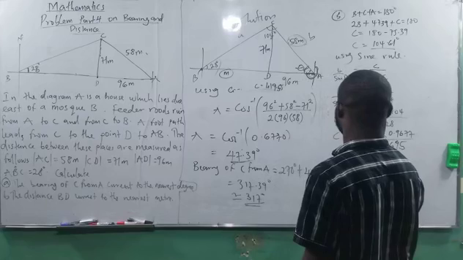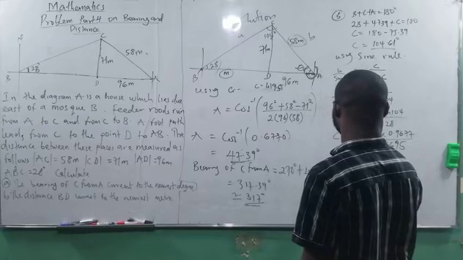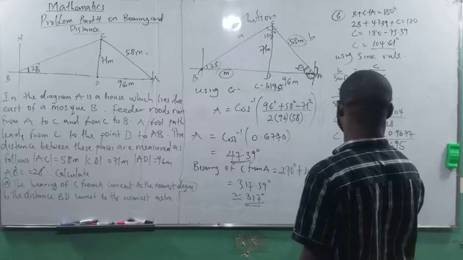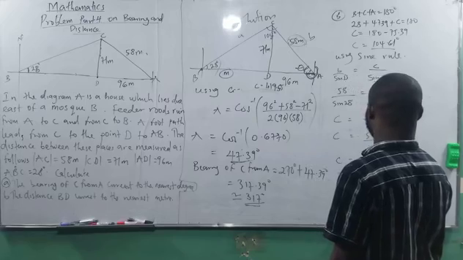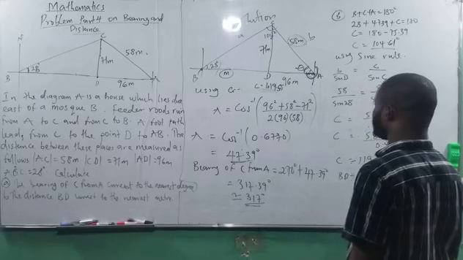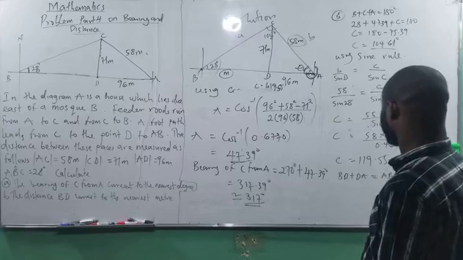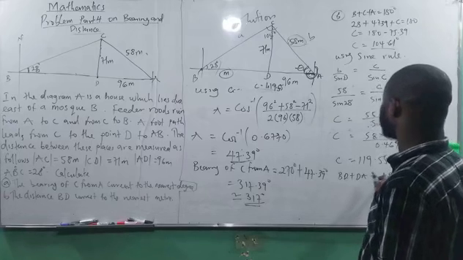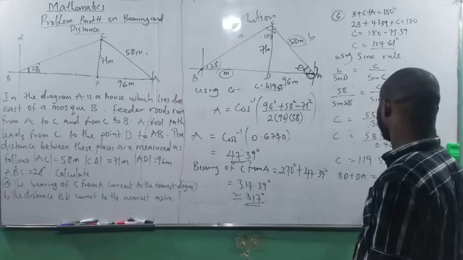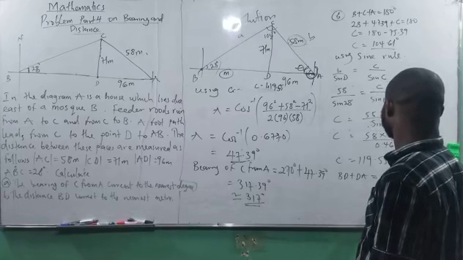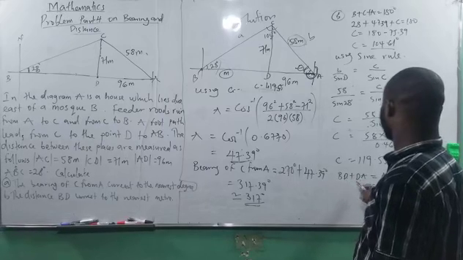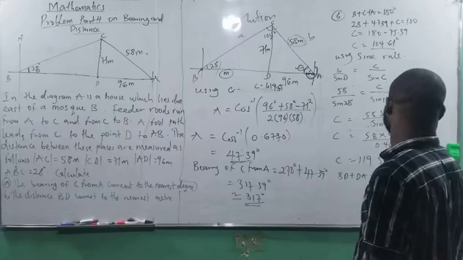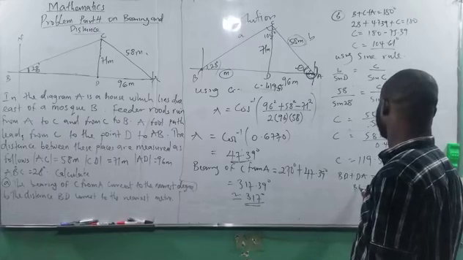Now I think I will say that BD plus DA will be equal to what? AB. Yes. Now I know my AB is already given, which is 119.55 equals, which is going to be minus 96, BD.